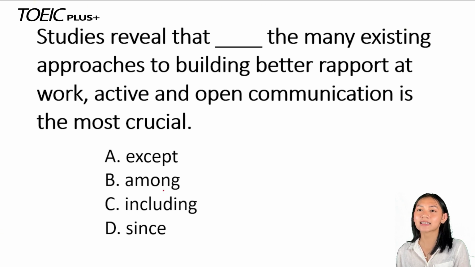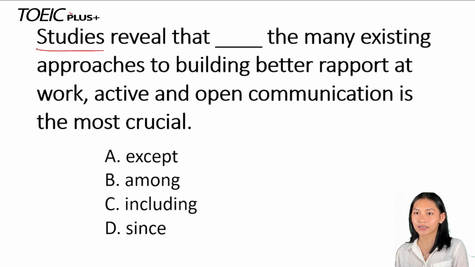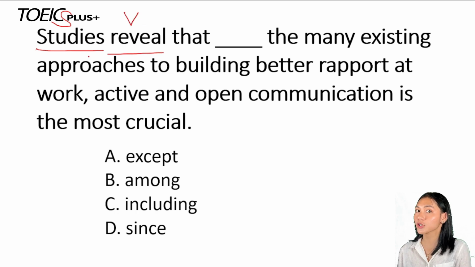To answer that, let us first tackle the parts of this sentence. The first word that we have here is studies. This acts as our subject. The second one is reveal, which means to show. This is our verb. After these two words, we are followed by another clause that is connected by the word that, which means we call this clause our that clause.